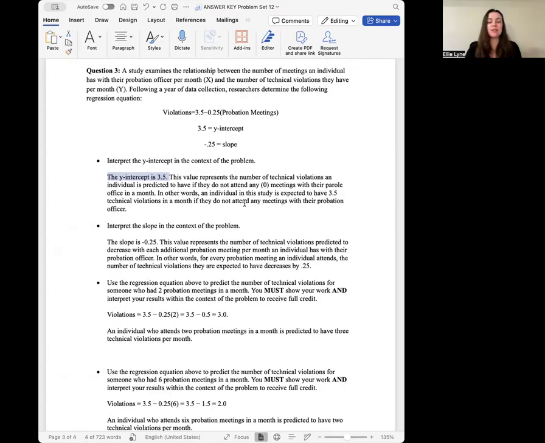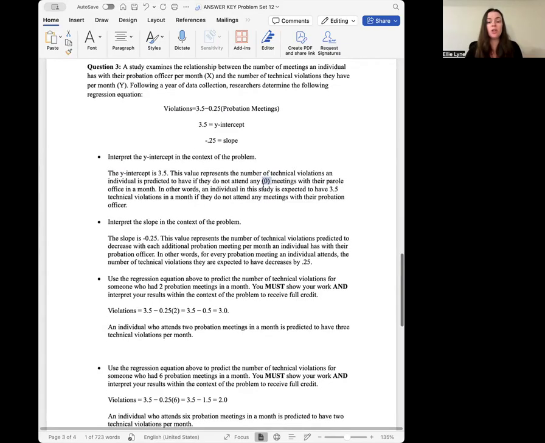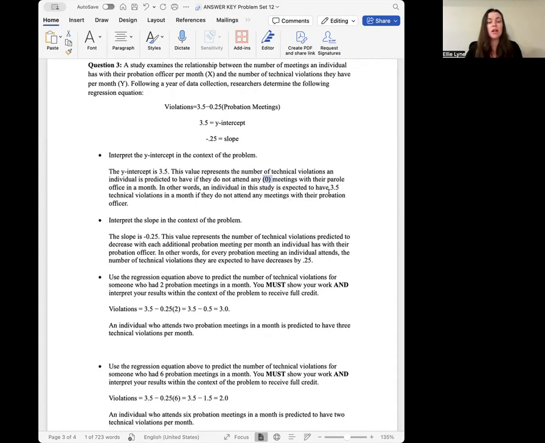This value represents the number of technical violations an individual is predicted to have if they do not attend any meetings. So again, 0, because that's where we're crossing that point on our y-intercept, with their parole officer in a month. In other words, an individual in this study is expected to have 3.5 technical violations in a month if they do not attend any meetings with their probation officer.